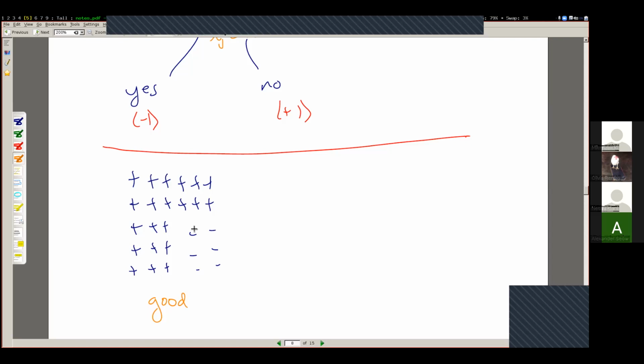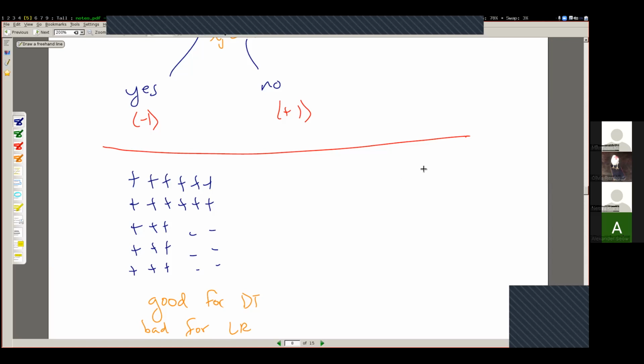The tree up here would be able to implement this exactly with 0 training error. This would be a bad situation for something like logistic regression, even with a polynomial kernel. It's very hard to get these exact straight corner lines in logistic regression. So I'll say that's good for DT, for decision tree, and bad for logistic regression.